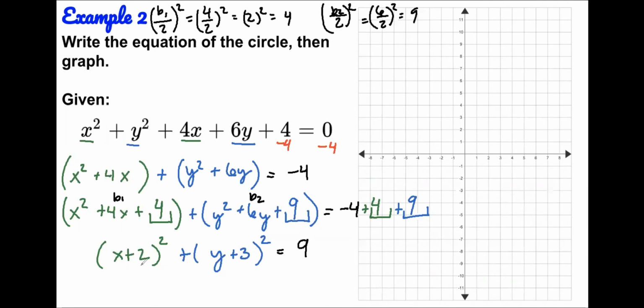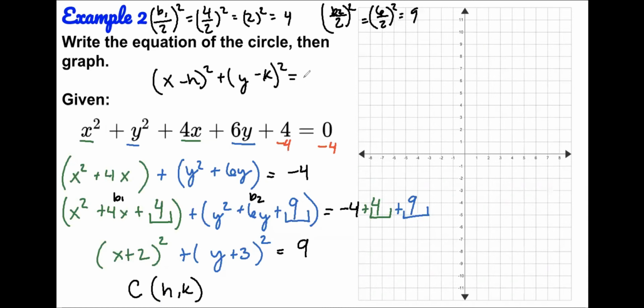All right, so let's go ahead and get our center. My center is h, k. You guys remember the standard form? x minus h squared plus y minus k squared equals r squared. This is going to be the opposite value. So what would be my center? You guys got this, come on.